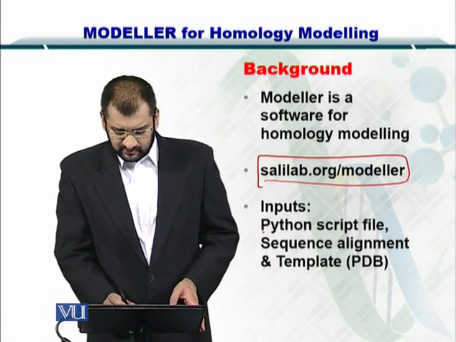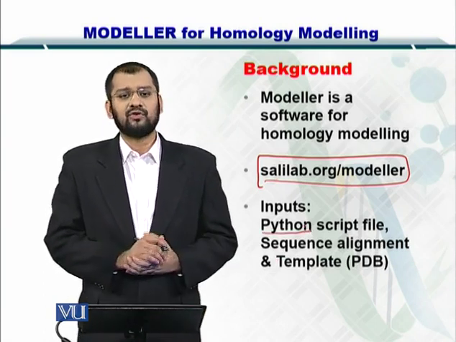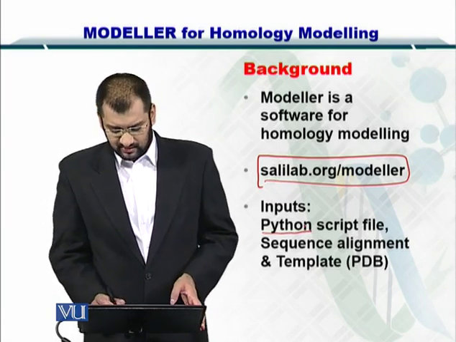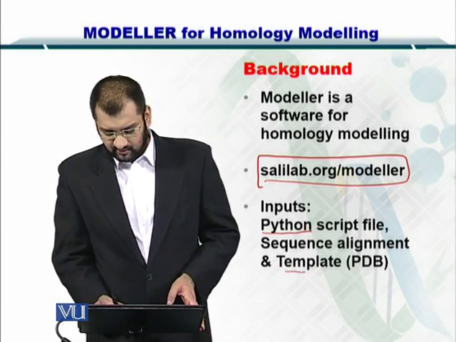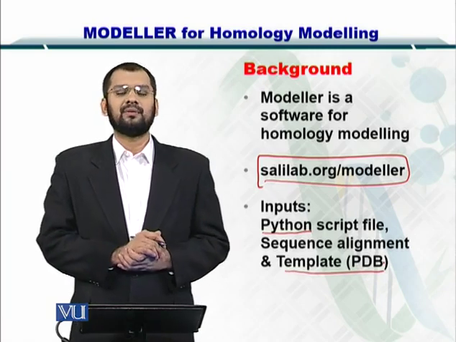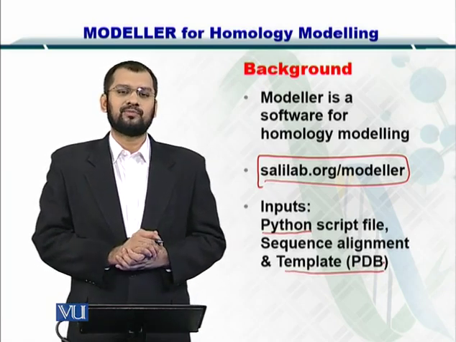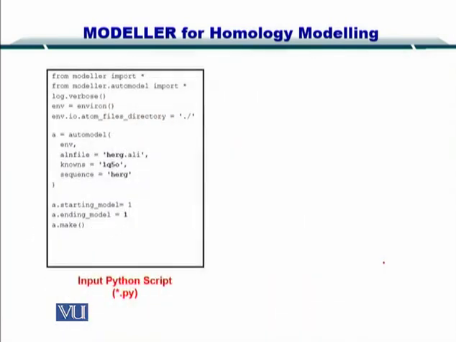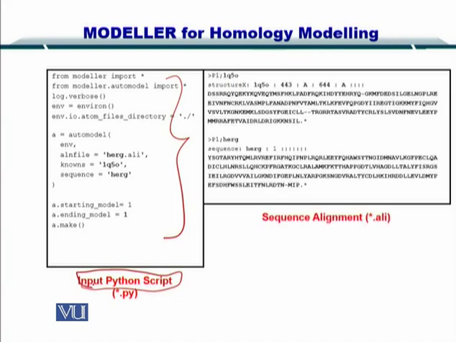So the two inputs are the Python script that you will write, and secondly, the structure of the templates or the PDB files for those proteins. To begin with, you have to write a Python script. This will be the input to Modeller, and then it will be followed by the sequences for various proteins and their alignments.